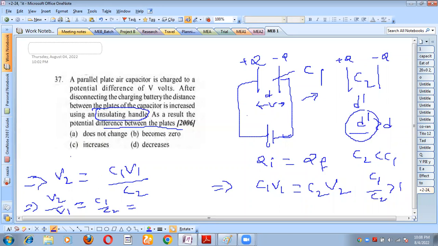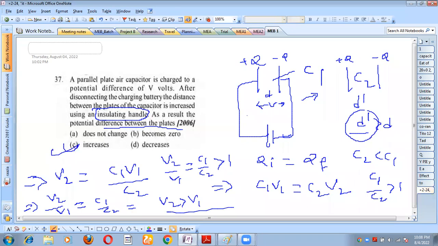So V2 by V1 equals C1 by C2, which is greater than 1. So V2 will be greater than V1. So potential will increase. So the correct answer is C.